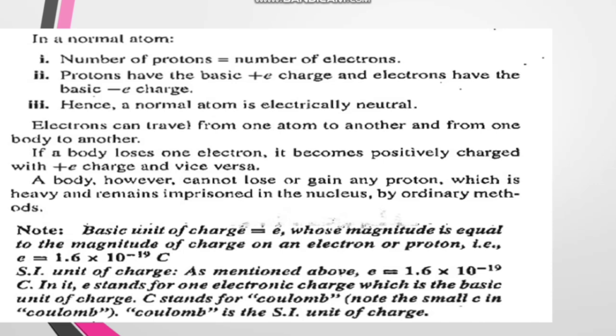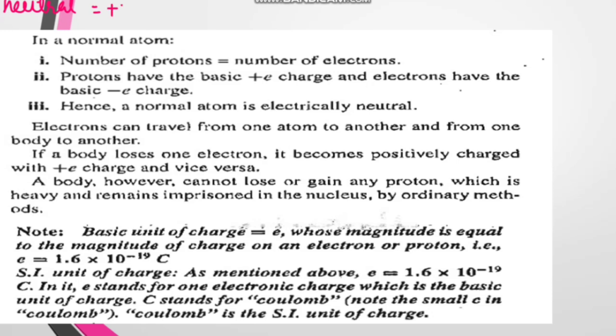The reason is that everything is electrically neutral, that is, the number of positive charges is equal to the number of negative charges. So if we have 5 electrons, then we also have 5 protons, so they make it neutral.